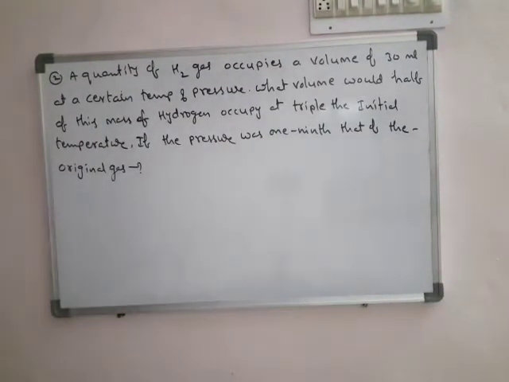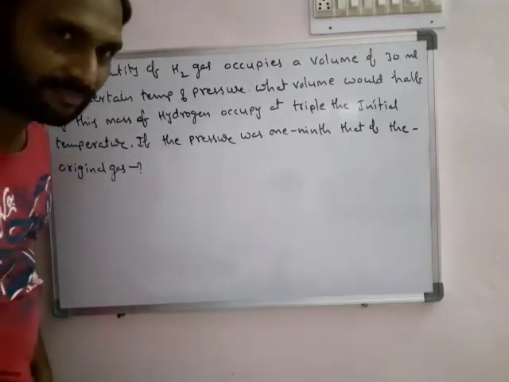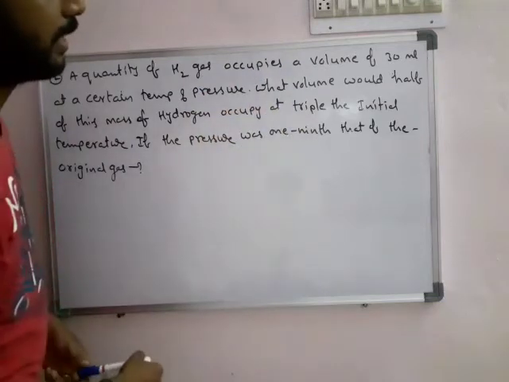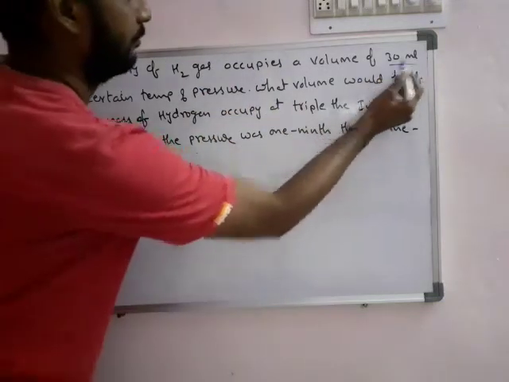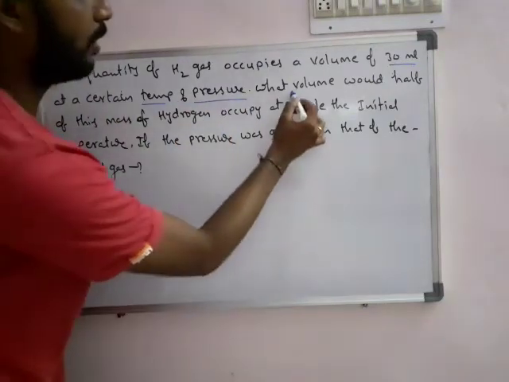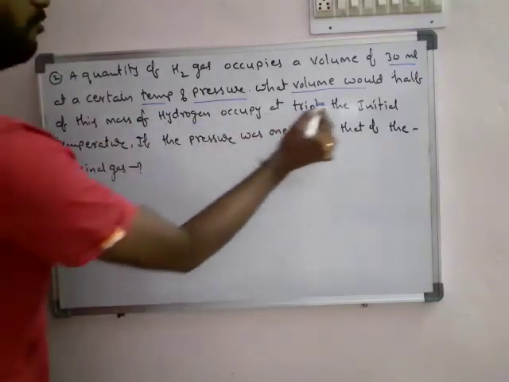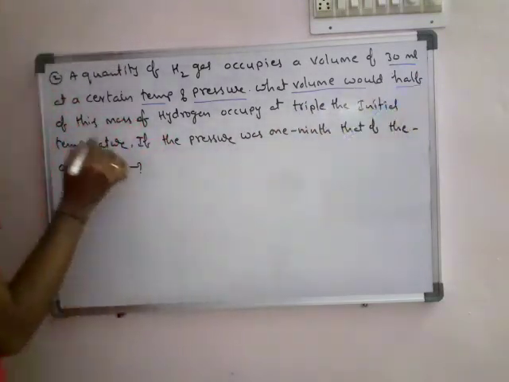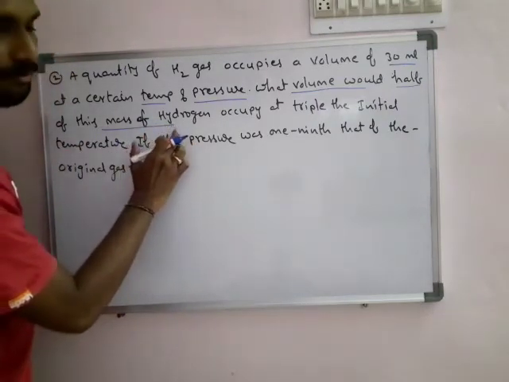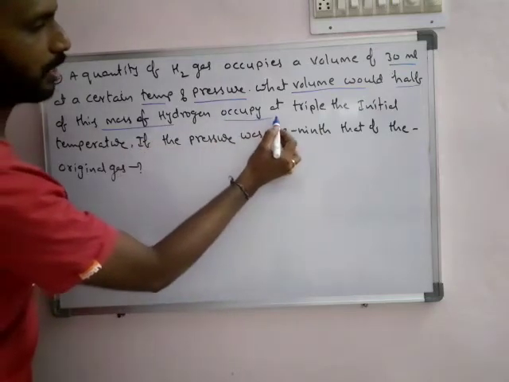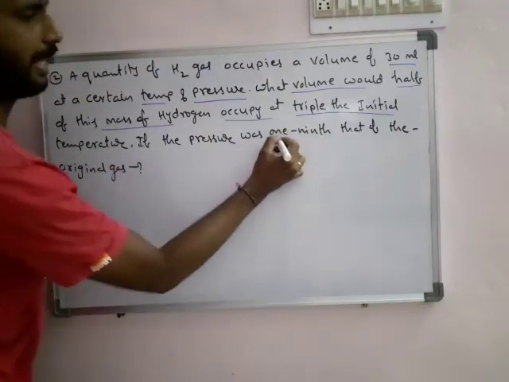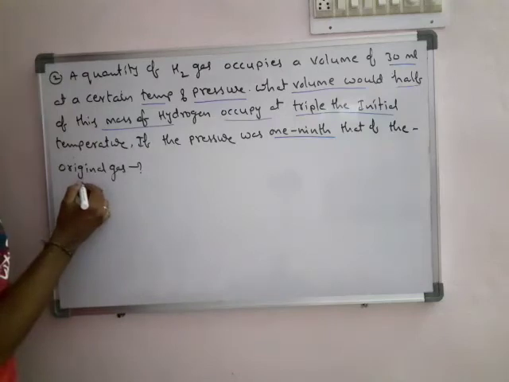Okay, see a totally different problem. A quantity of hydrogen gas occupies a volume of 30 milliliter at a certain temperature and pressure, which are not mentioned here. But what volume would half of this mass of hydrogen occupy at triple the initial temperature and 1/9 of the initial pressure?